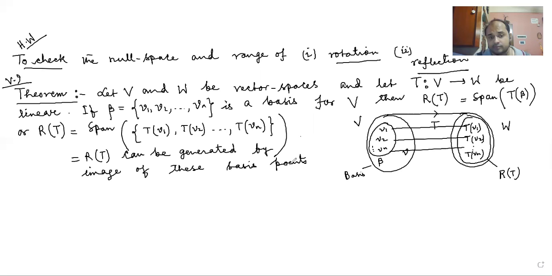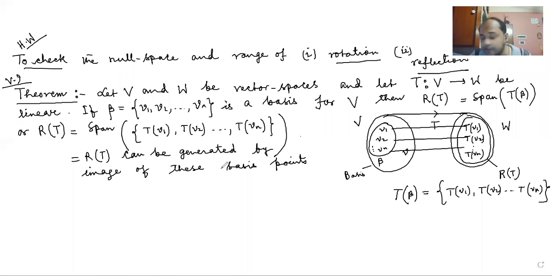But do not think that this T beta is a basis. What is T beta actually? T beta is the collection of the points T of V1, T of V2, T of Vn. They have not said that T beta is a basis. They have said that you can generate R(T) by this particular set. They didn't say in the theorem that this set is linearly independent, so for now do not consider it a basis.